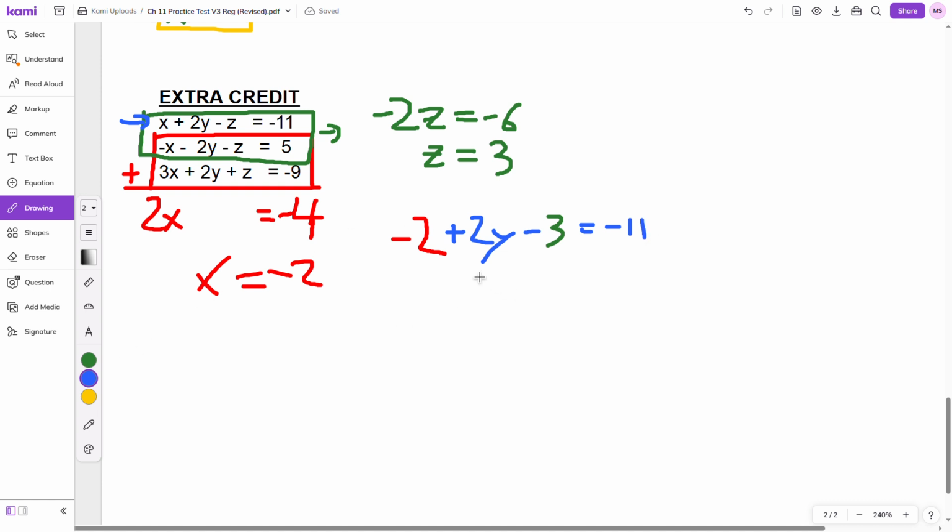Add 5 to both sides, and we get 2y is -6. And then we divide both sides by 2, and we get y is -3. I hope that was helpful to you. Just look out for equations you can add where you can eliminate a variable. And if you can do 2 variables, even better.